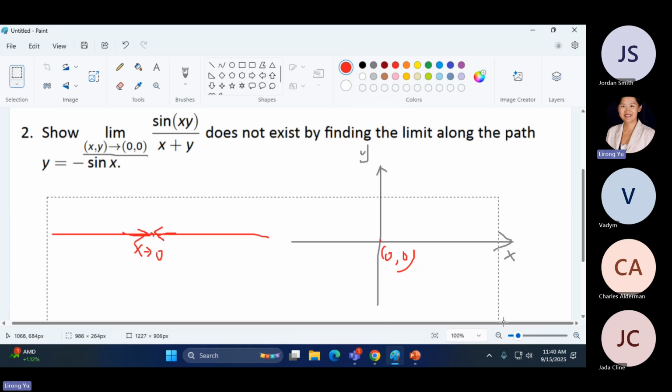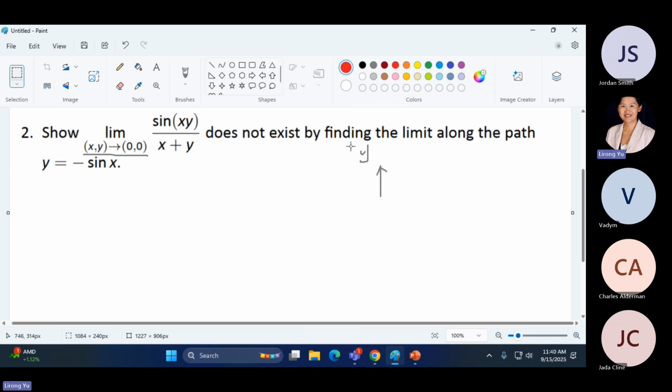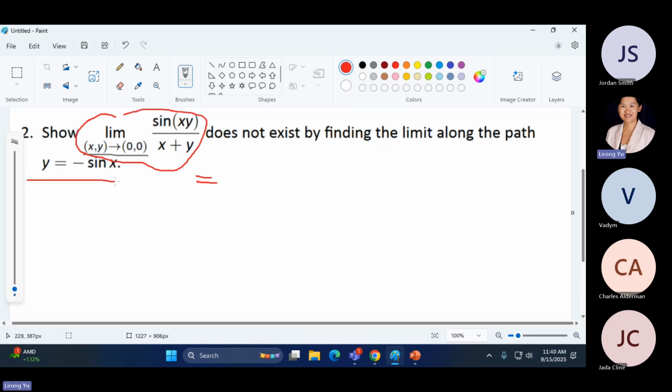So I'm just trying to explain why we created so many different weird ways to find the limit or prove the limit does not exist. So we're going to do this. So this equal to, with the condition that we're making y equal to this function now. So when you do that, assuming y equal to negative sine x, then x is approaching 0, and y is equal to negative sine x.